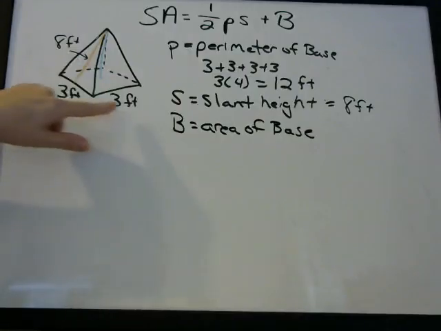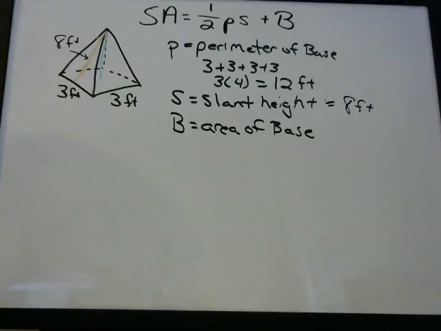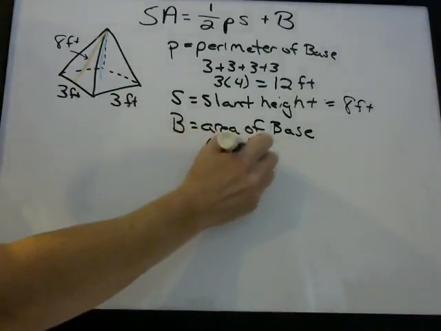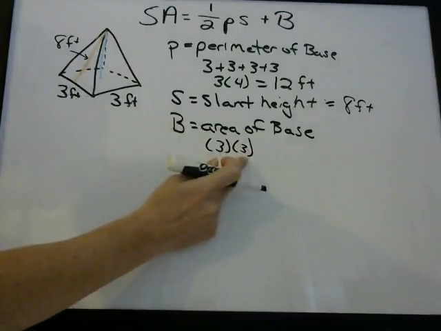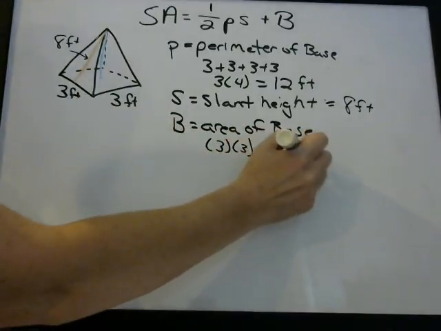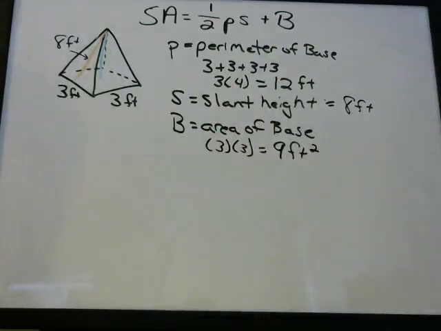So 3 times 3, that's the area. If you don't know how to find the area of a rectangle or a square, you need to watch that video as well. So the area of the base is just 3 times 3. Remember, when we write two numbers in parentheses beside each other, it just means multiplication. So it's 9 feet squared.